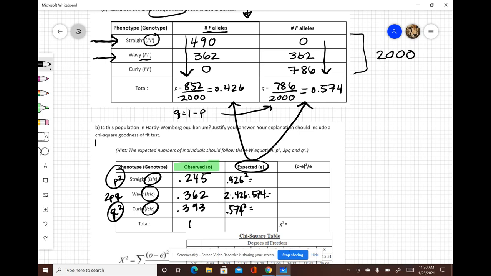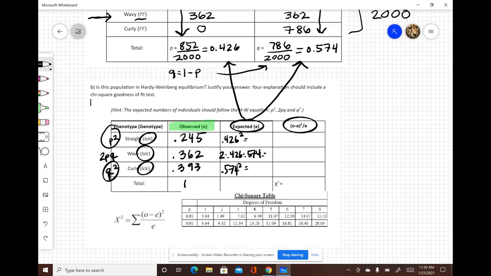And that should give me my expected values based off of my allele frequencies that I completed in the chart above. And then from there, I can go through and complete the rest of my chi-square.